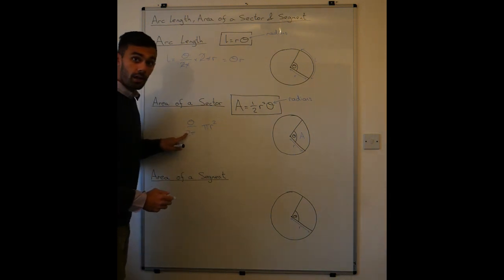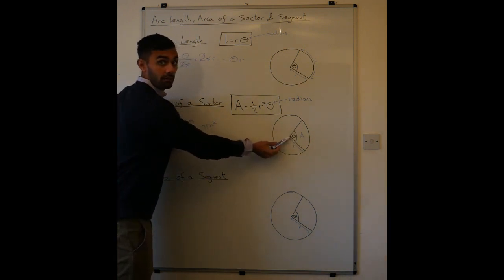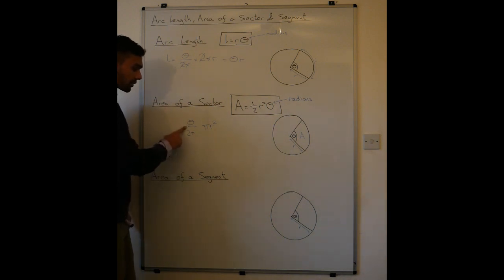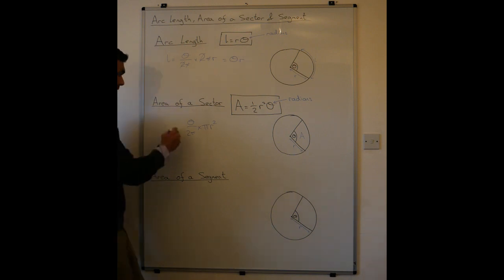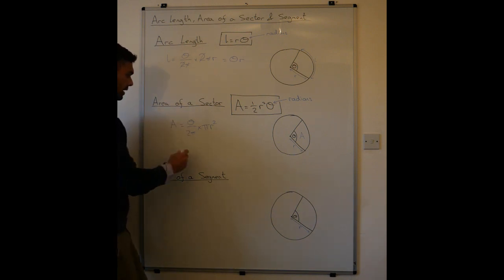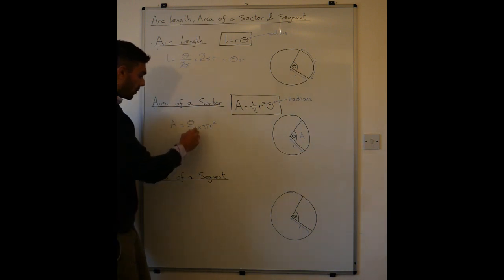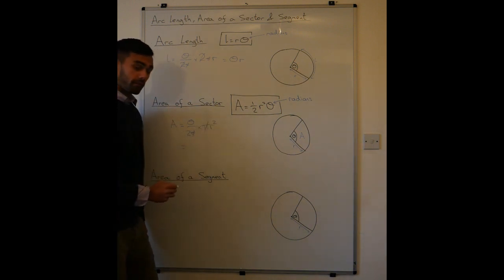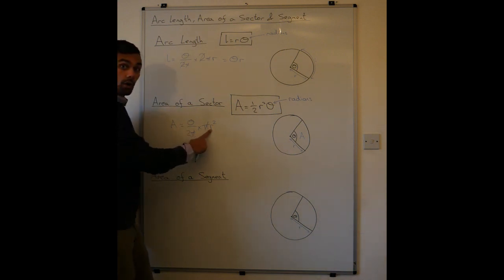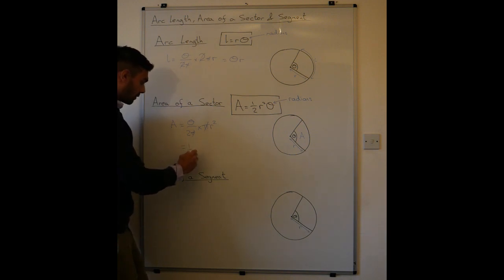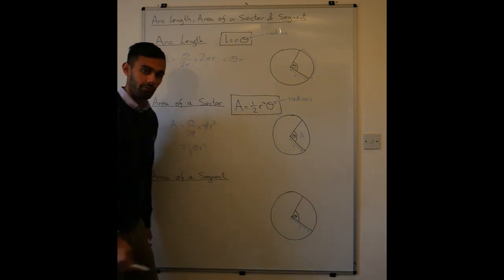Remember, 2 pi is the number of radians in a full circle, and we've just got theta. So we want that fraction of the full circle. Times them together. Our area equals that. Okay, and again, it's just a question of simplifying. The pi's, you can strike them off, and we're left with theta over 2 times r squared, or a half theta r squared. Oh, again, I've written it the other way around there.